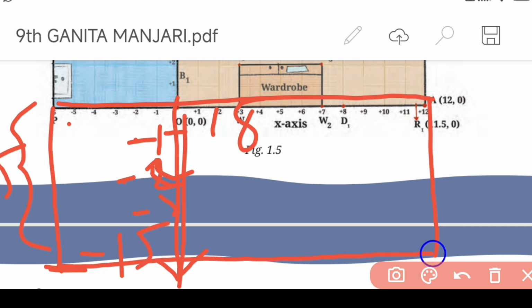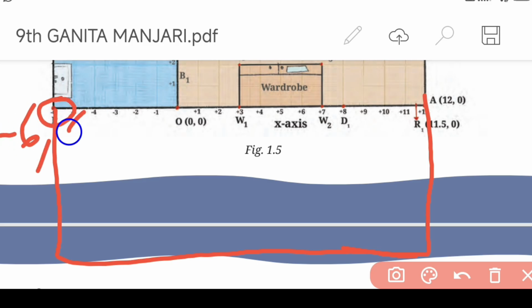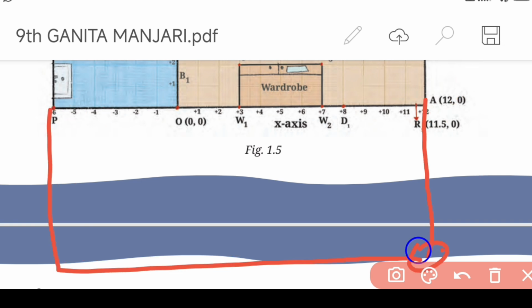So he is asking the sketch of the dining and mark the coordinates of the corners. So what are the corners? Let us suppose this is a dining hall. The coordinates of dining hall is minus 6 comma 0. This is one corner, and second corner already it is given that 12 comma 0. Coordinates of this is 12 comma minus 15.